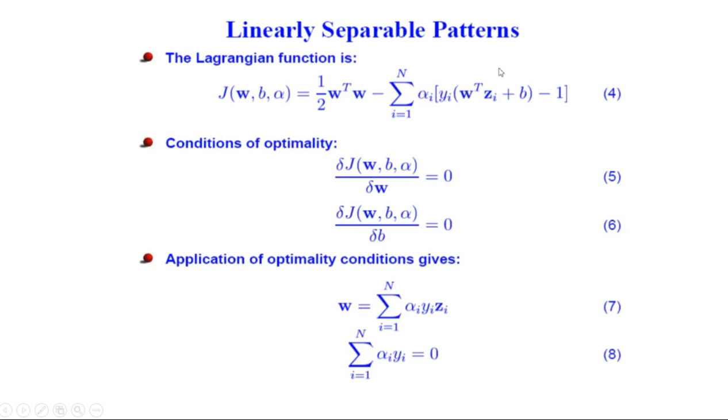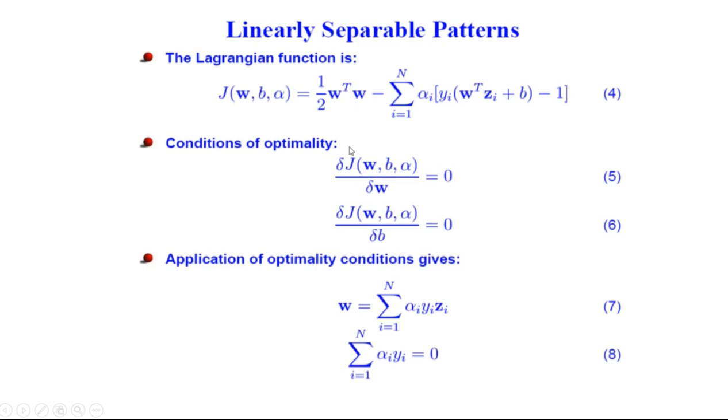Now once we have framed the function, our next job is to find the optimal solution of W. So you take this function and perform the partial derivative with respect to W to get the minimum value. You have to find the value of W such that this whole function is minimized.